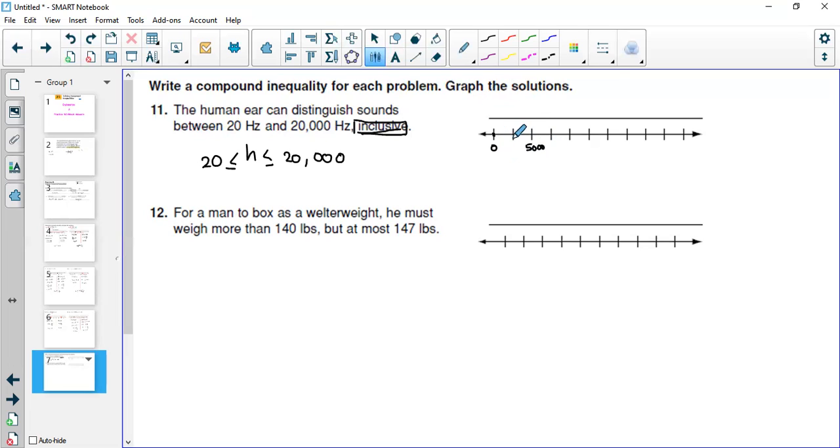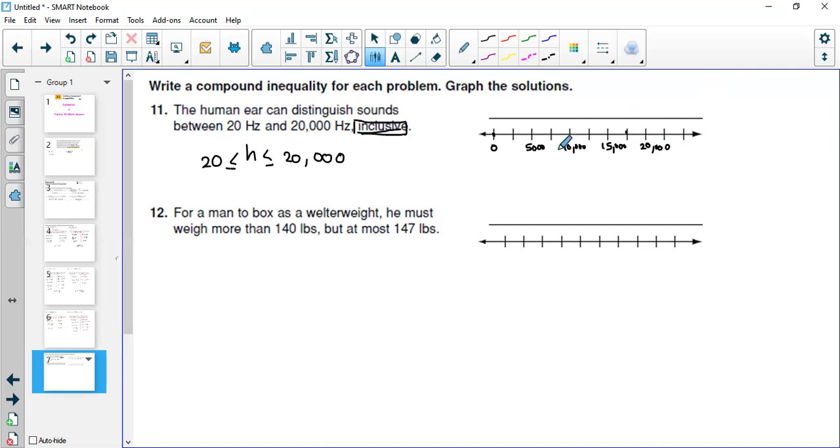So leave one space and the next is going to be 5,000. The next one is 10,000. Leave one space. The next is 15,000. Then leave one again, and that is 20,000.